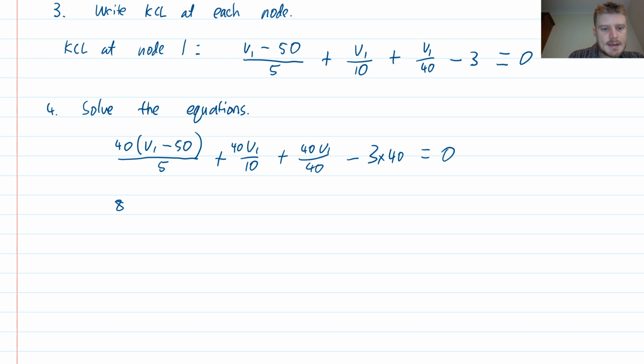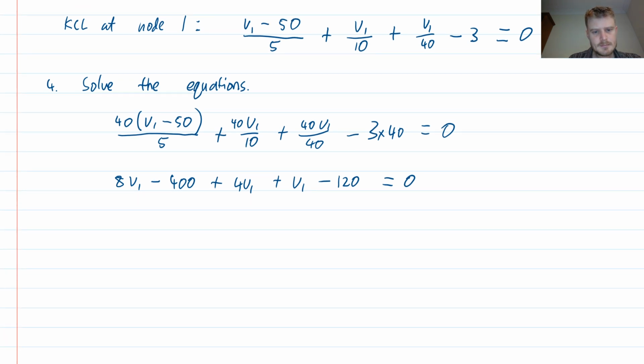So this gives me 8 V1 minus 400 plus 4 V1 plus V1 minus 120 is equal to 0. Let's clean this up and collect like terms. This gives me 13 V1 minus 520 is equal to 0.